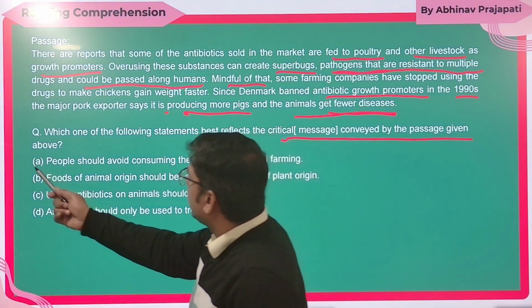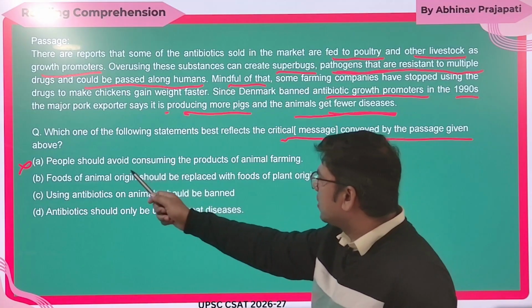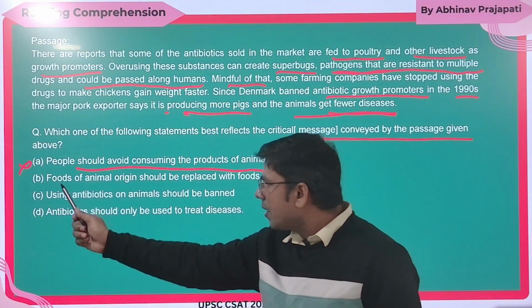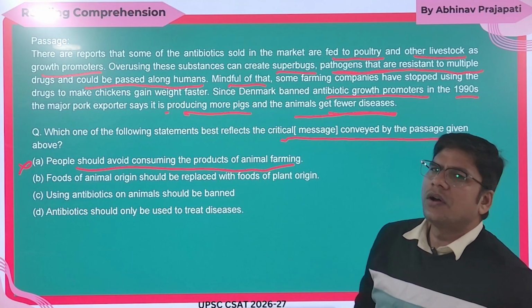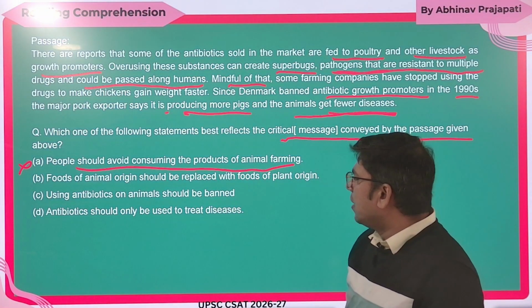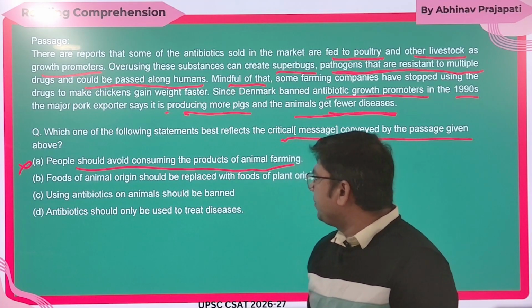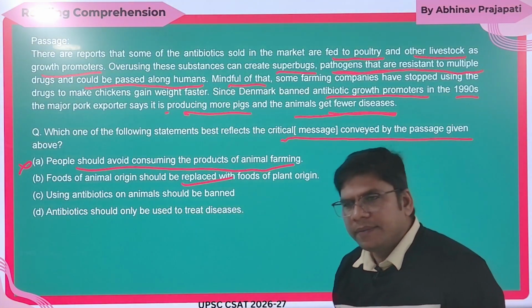People should avoid, though this is moderate, but this is not the only condition. Foods of animal origin should be replaced with plant origin, this is a strongly worded claim. We shouldn't replace animal food completely by plant food. So this is also not correct.